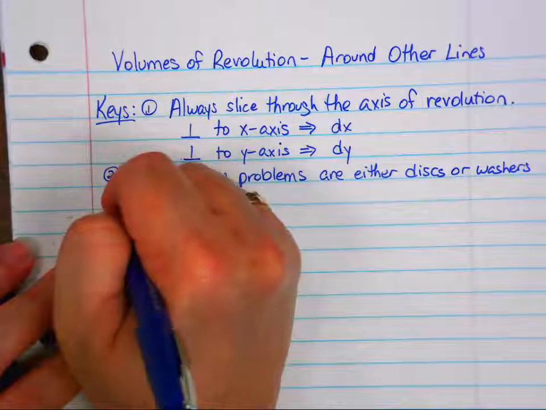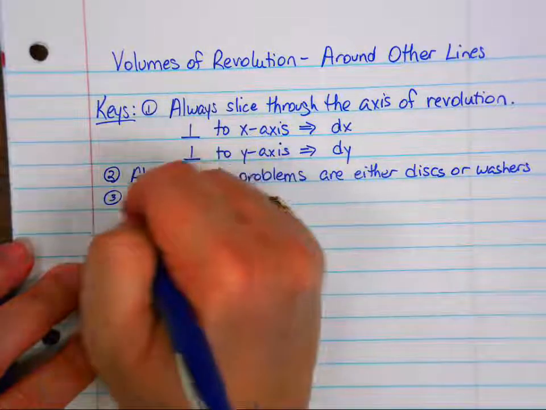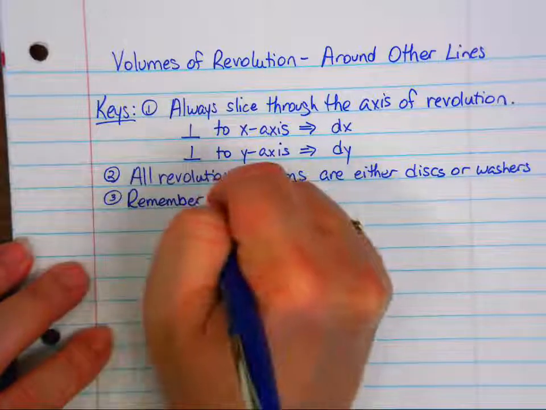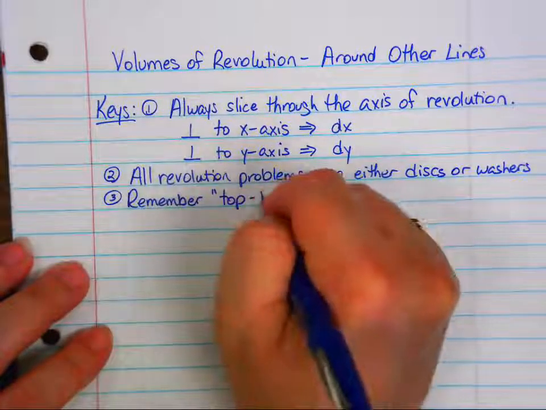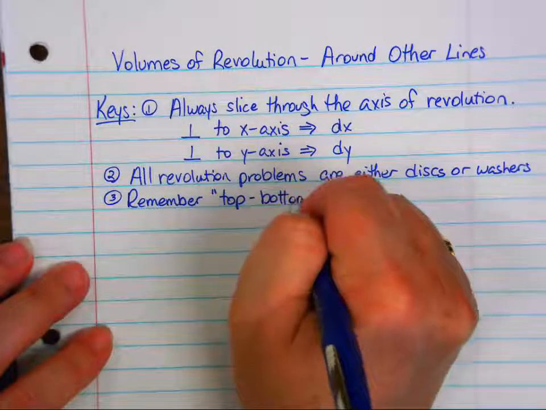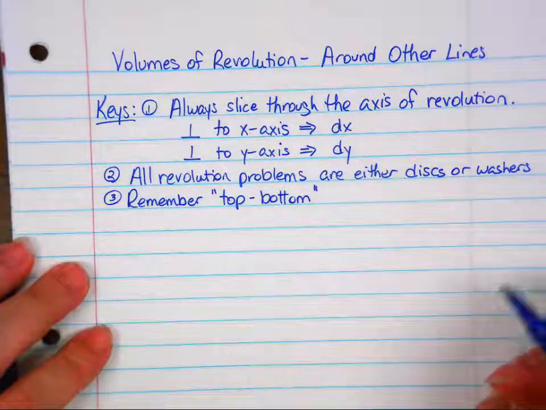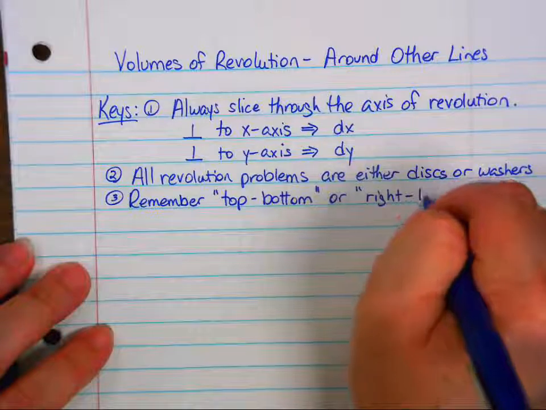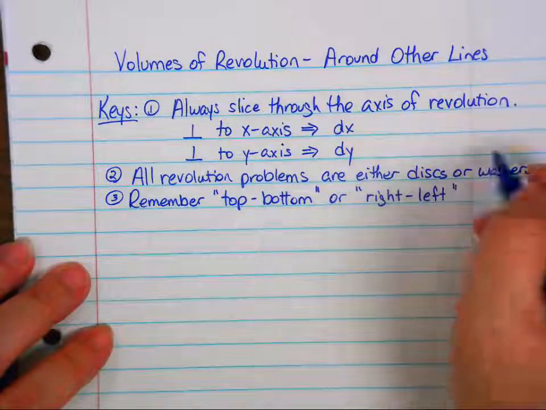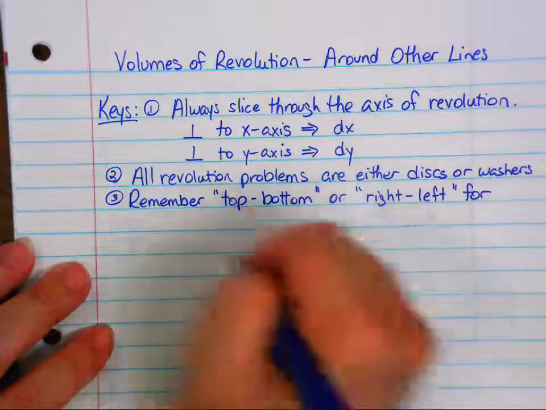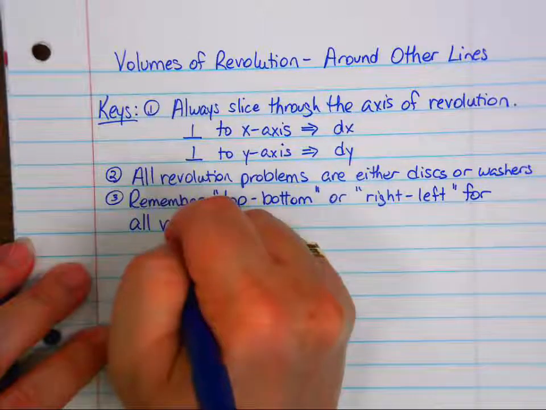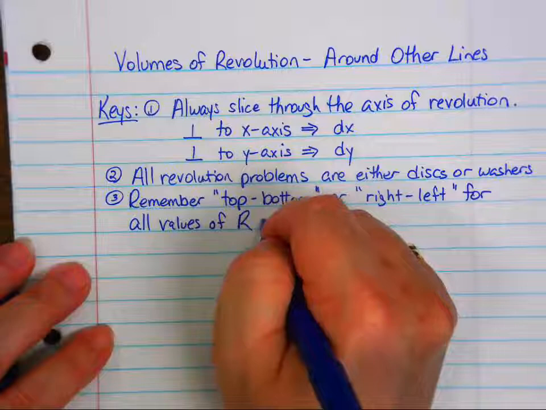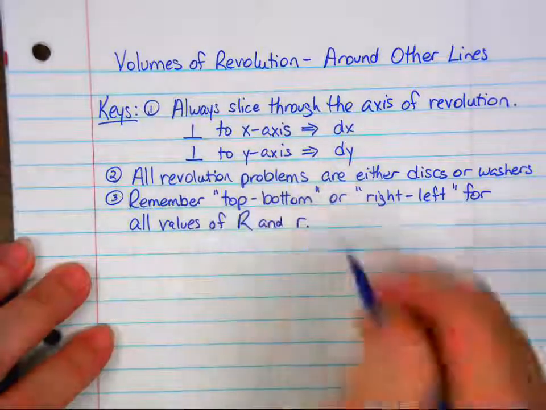Okay? Rule number 3. This is big. Remember, quote, top minus bottom, close your quotes, or, quote, right minus left, for all values of capital R and little r.